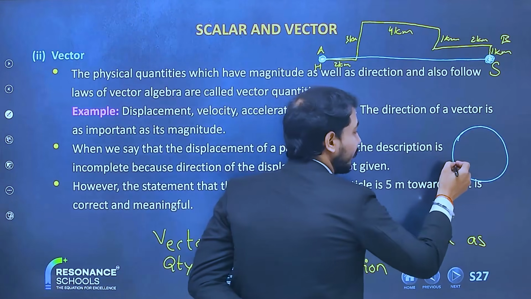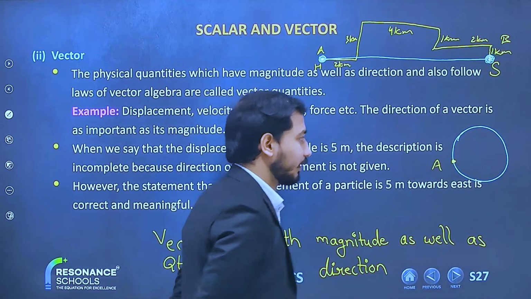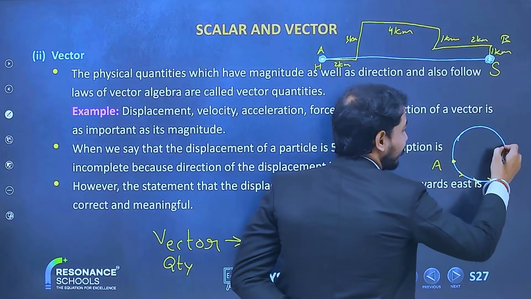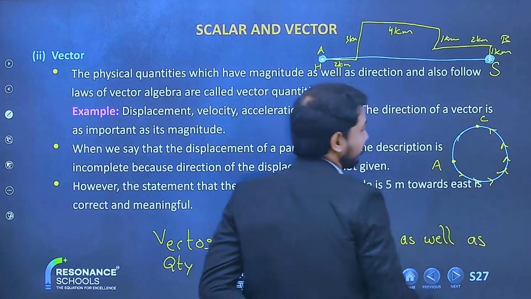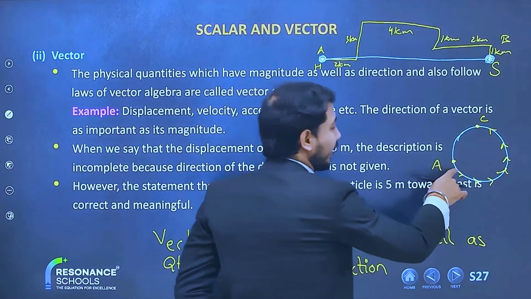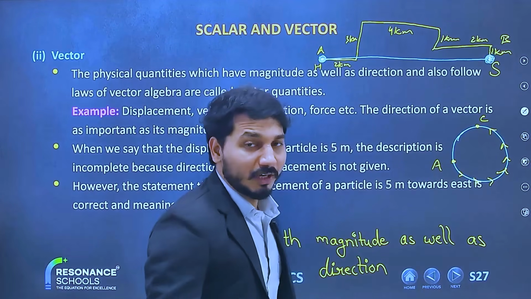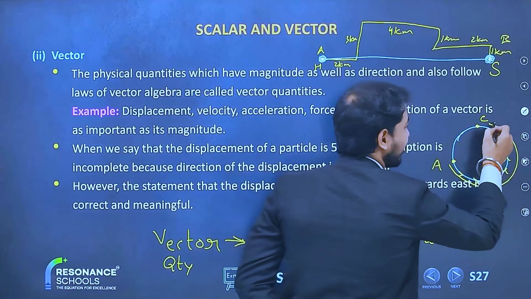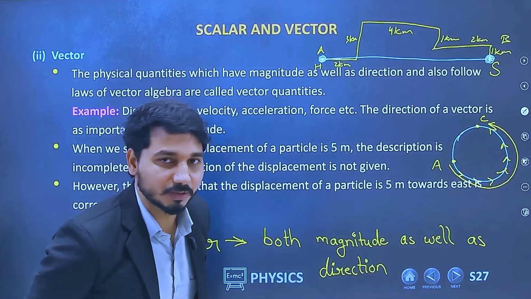It started its journey from point A, and after starting from A, the body stops somewhere here at point C. The person who started from point A, after covering this much path, stops here at point C. If someone asks what is the distance, this total path covered by the body on the circumference of the circle is the distance.